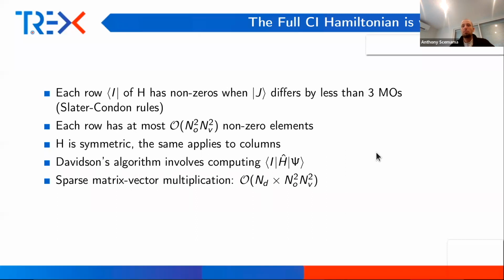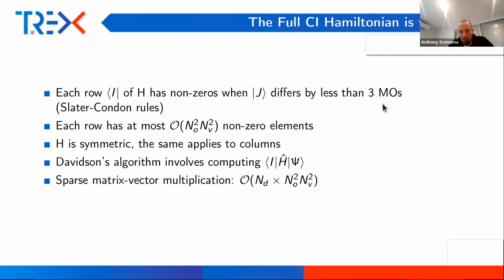But as I said before, the good news with the full CI Hamiltonian is that it's very sparse. In each row of the Hamiltonian, as you have seen with the Slater rules, you have non-zero elements only when J differs from I by less than 3 molecular orbitals.